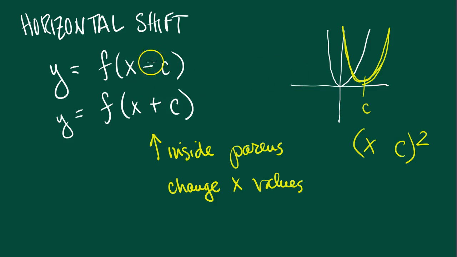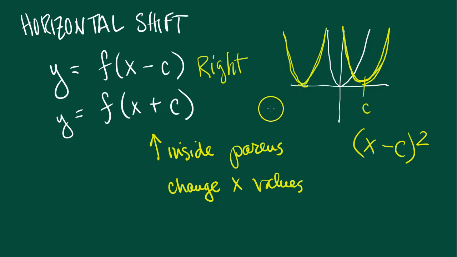This is contrary to your expectations. To shift to the right c units, we subtract c. And then to shift to the left c units, we would add c. So that's kind of ooky, and I don't have a great explanation for it. I just did it so many times that I couldn't forget it.